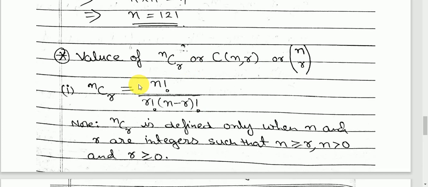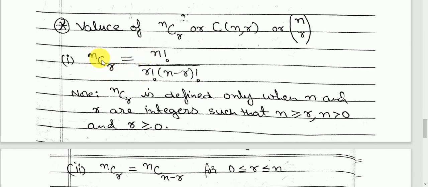So nCr is equal to factorial n upon factorial r into factorial n minus r. Suppose in place of n I have got 4 and in place of r I have got 2, then it will be factorial 4 upon factorial 2 and factorial 4 minus 2.